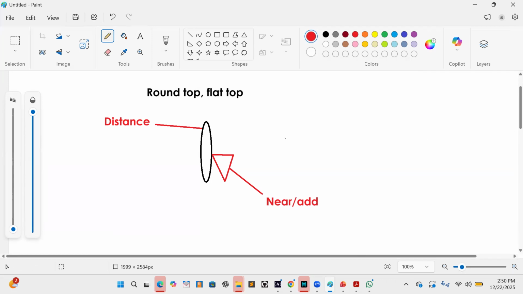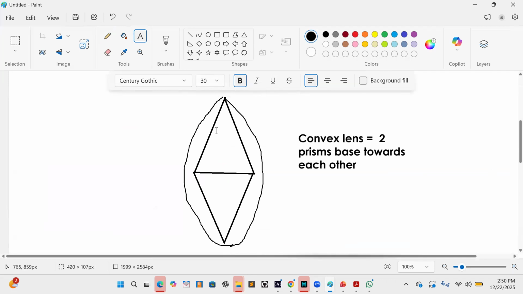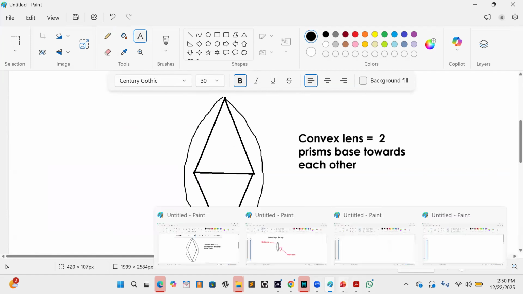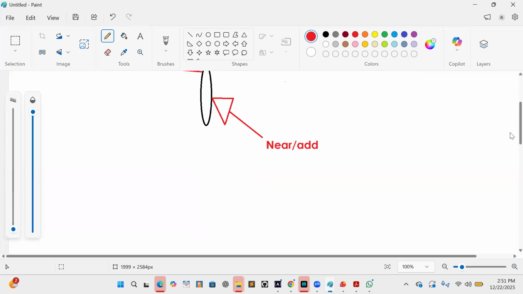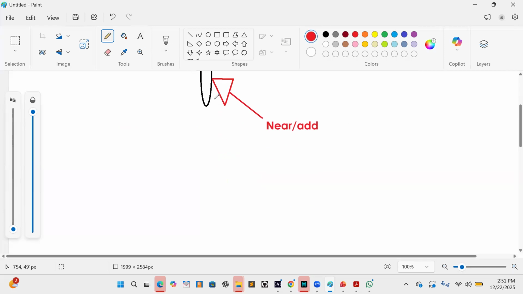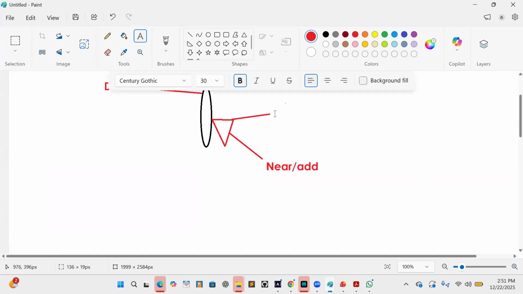We said it's two prisms base toward each other, so you just pick one, either the up part or the down part, and that determines the top of the add. Here the down part was picked, so it's a flat top. You see that it's a part of the convex lens, the down part.